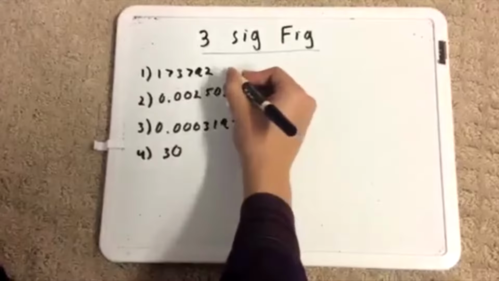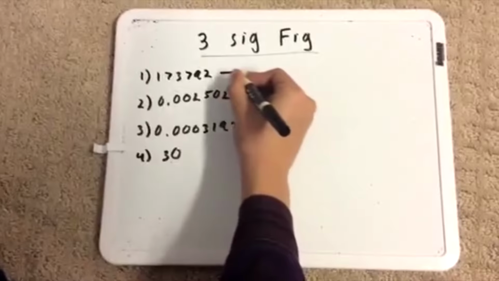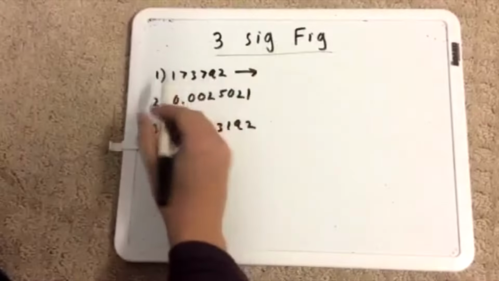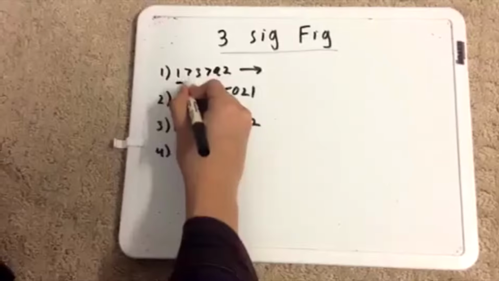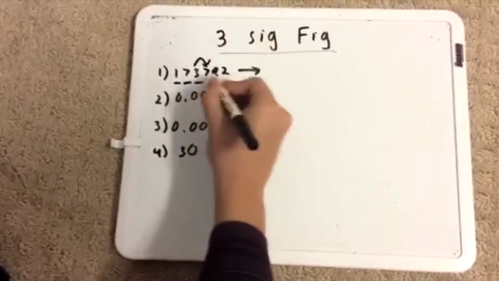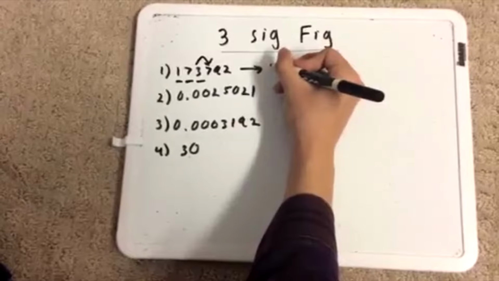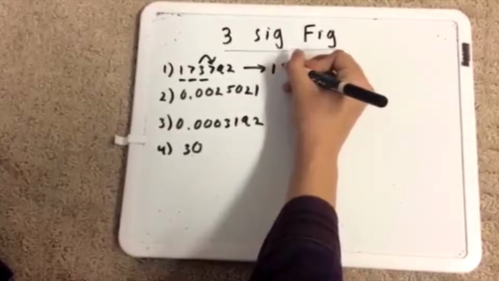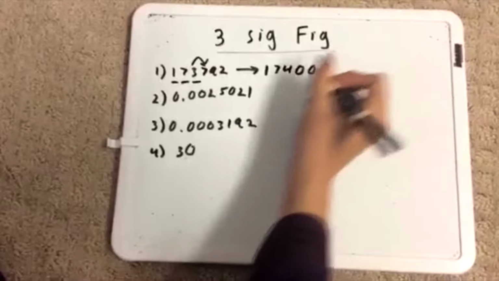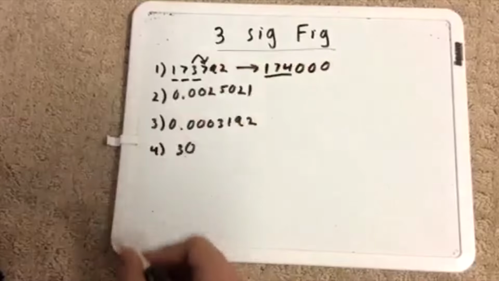So now let's see if you have the same answers as I do. For number 1, you want 3 significant figures. So you count 1, 2, 3, and you round it to the 7. So your number would come out as 1, 7, 4, 0, 0, 0, with 3 significant figures.